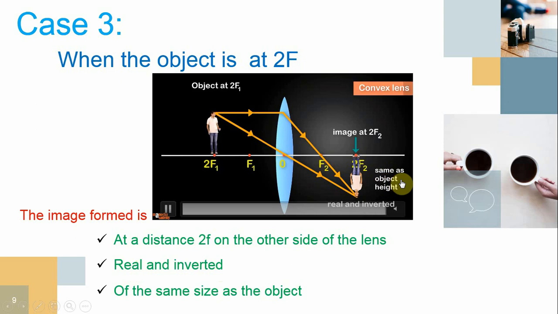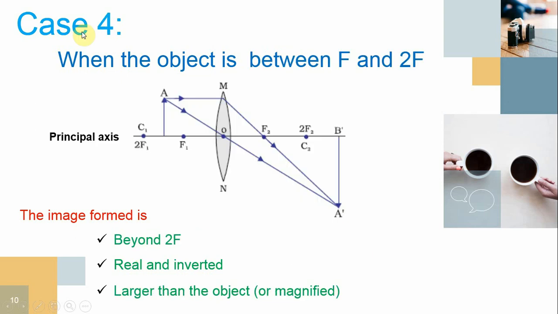The next case, when the object is between f and 2f, that is f1 and 2f1. So we place the object between f and 2f. Let us take an object here.